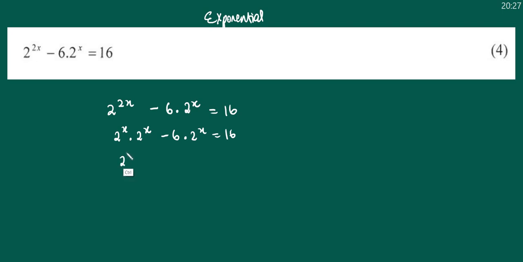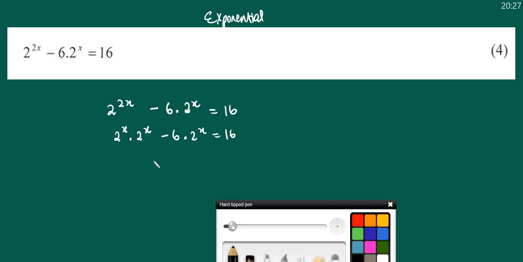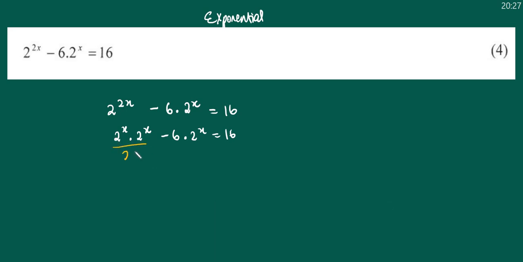I see that 2 to the power x is a common factor, and to take it out, I divide both sides by 2 to the power x, and then multiply by 2 to the power x. It cancels 1, then I'm left with this, minus this goes, then I'm left with 6.